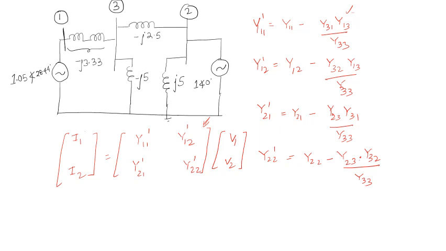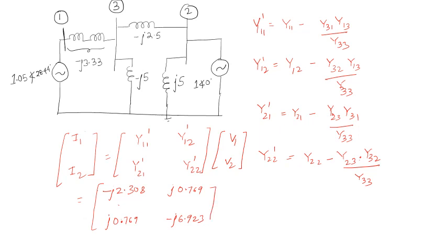Now putting all the values of the previous, I have calculated Y11, Y21 like this, and I can modify this thing like this: minus j 2.308, j 0.769, j 0.769 and minus j 6.923.